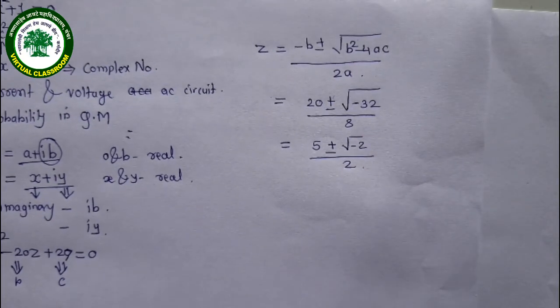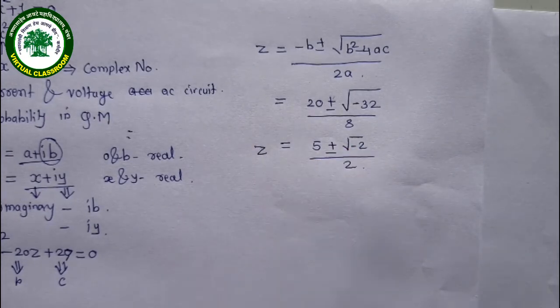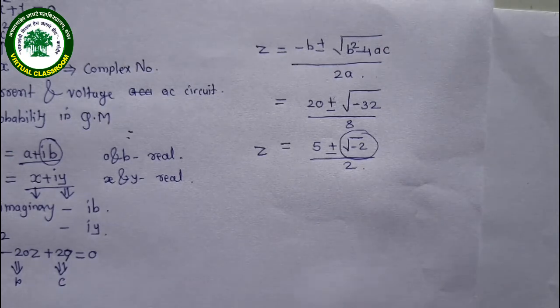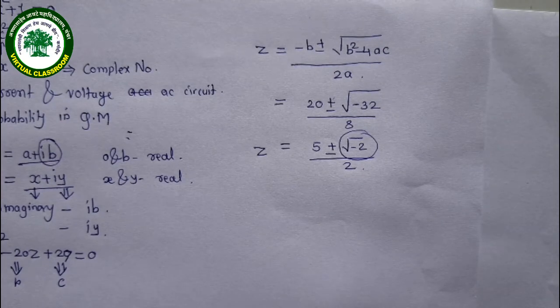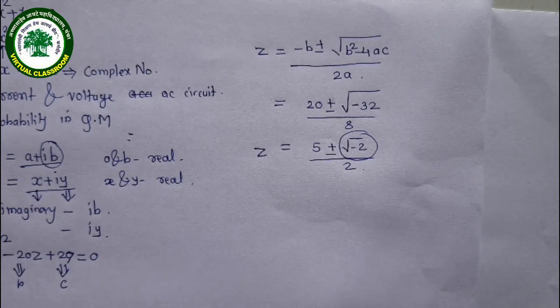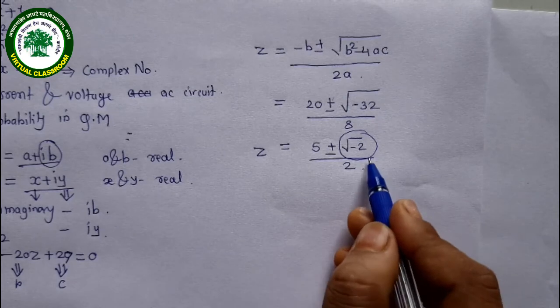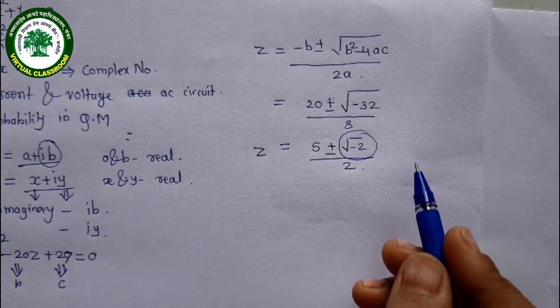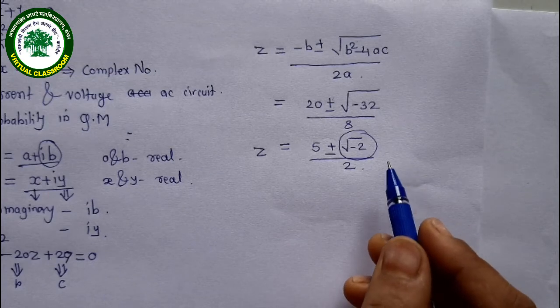So the value of z contains the term square root of minus 2. In order to get the values of z at which this equation holds good, we have to find the value of square root of minus 2, and there is no real number which satisfies this.